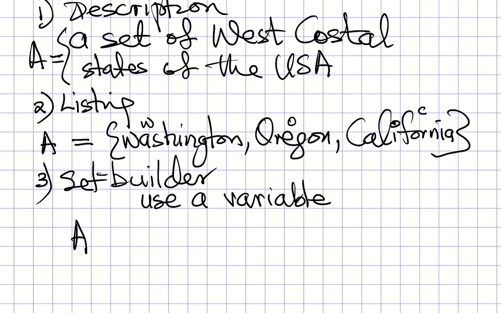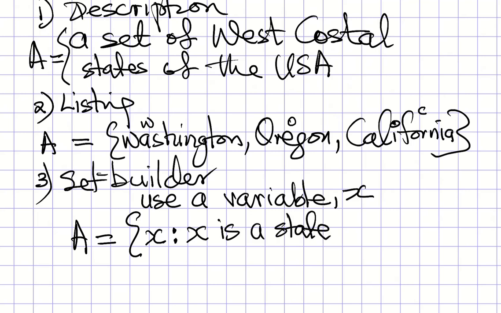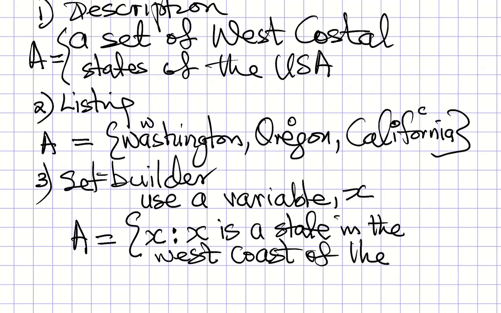You say A is equal to {x | x is a state in the west coast of the USA}, right? X is a variable. Use the variable x. X is such that x is a state in the west coast of the USA, right?